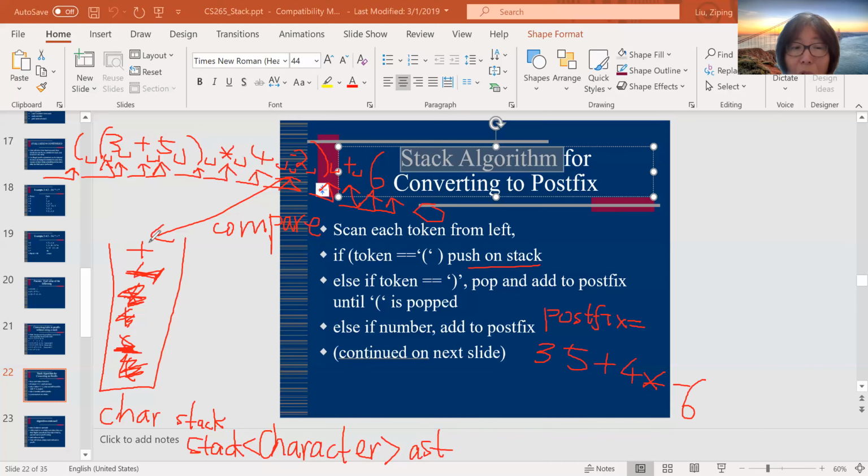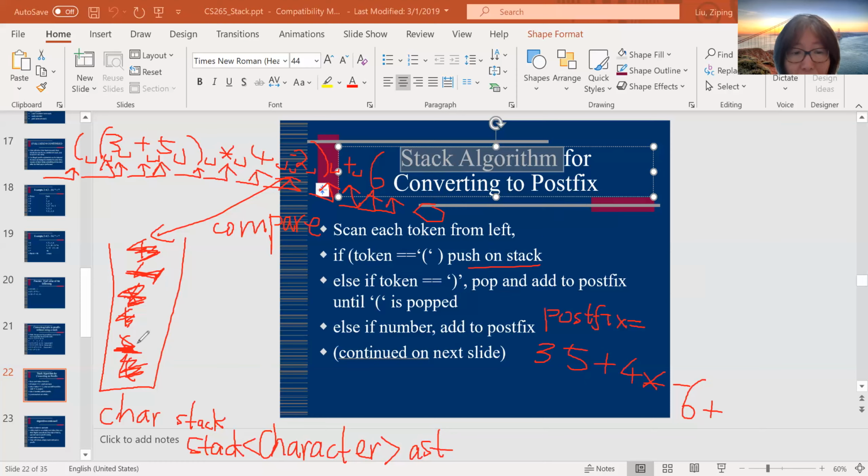What you need to do is keep popping all of the operators out of the stack and apply them to the postfix expression until you empty your stack. Okay, so that's overall our algorithm to do the conversion from infix to postfix expression.